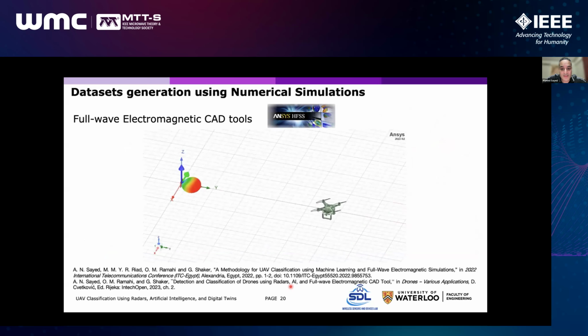For example, this is a very simple simulation of a modeled DJI Phantom 3 standard drone moving towards a radar in ANSYS HFSS, and we use this method to conduct time-based full-wave analysis. In other words, we import time as a factor in these simulations to get the datasets required for training machine learning models.